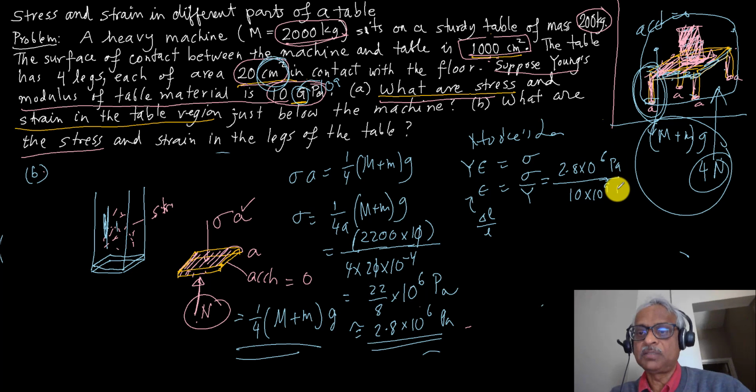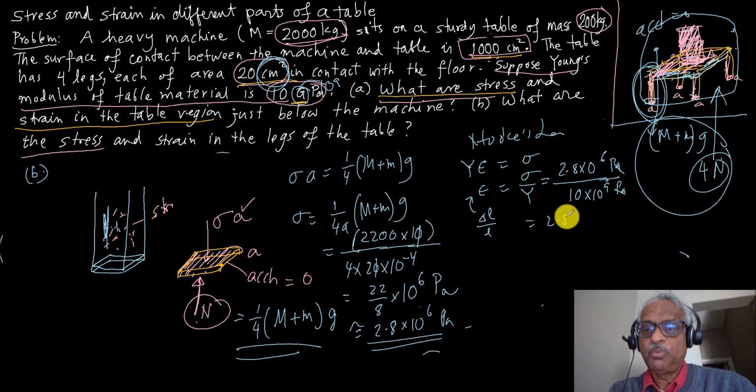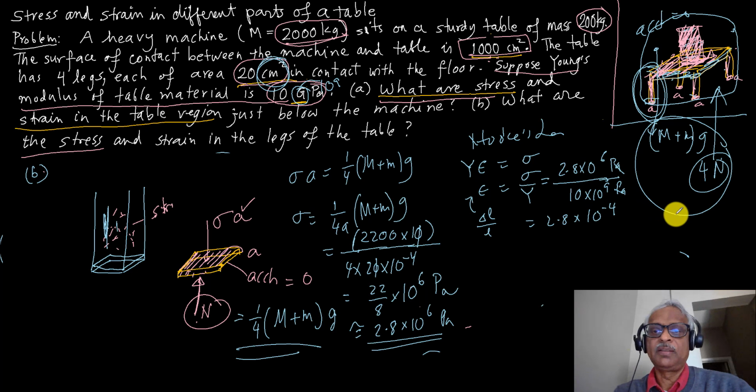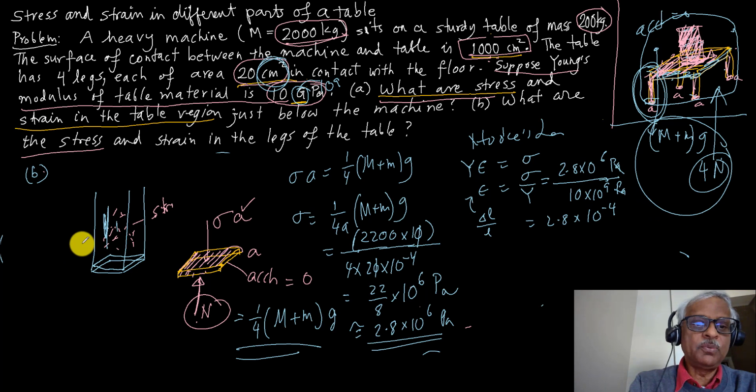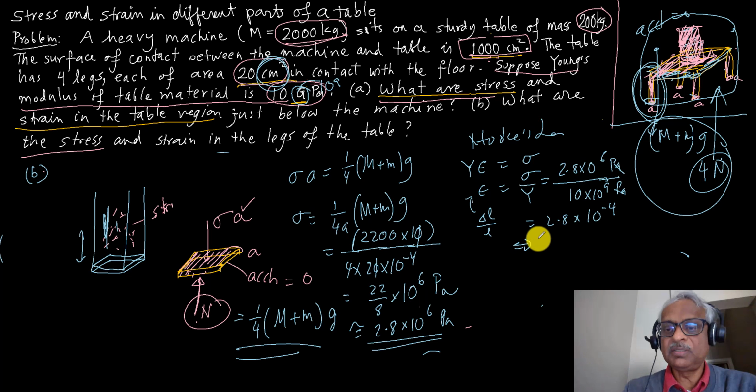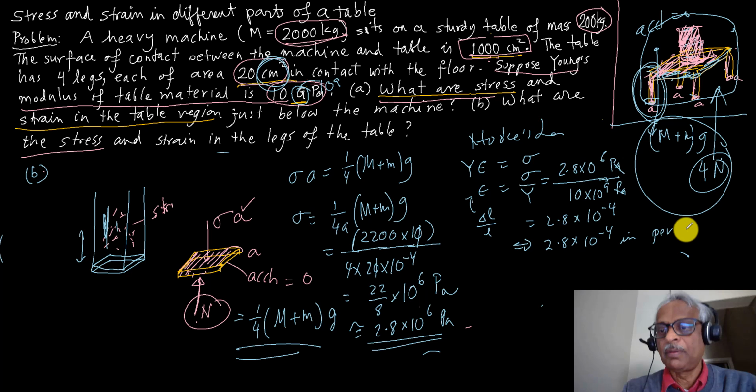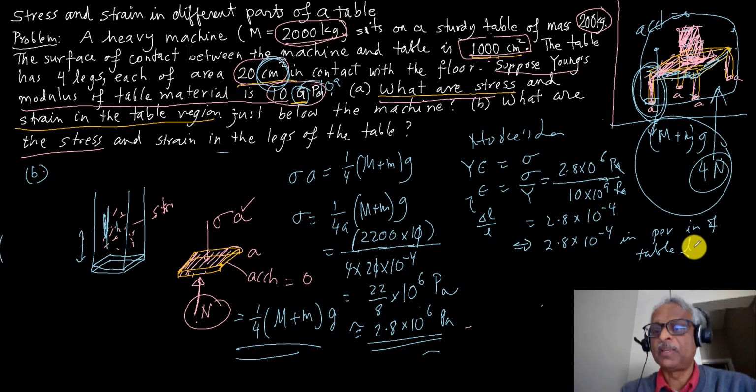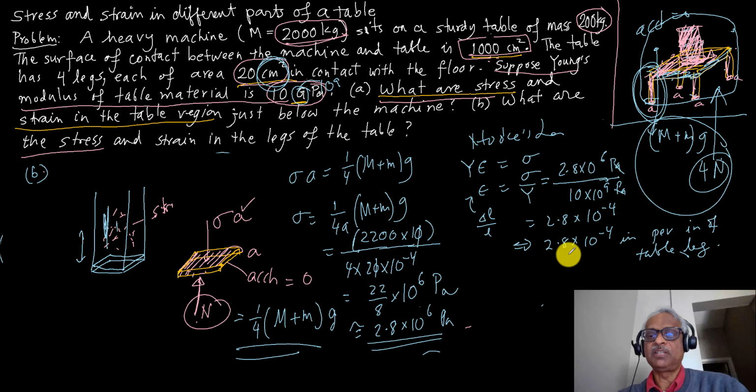So Pascal over Pascal, and we have 2.8 times 10 to the power minus 4 inch per inch of table leg. That's how much it's going to compress.